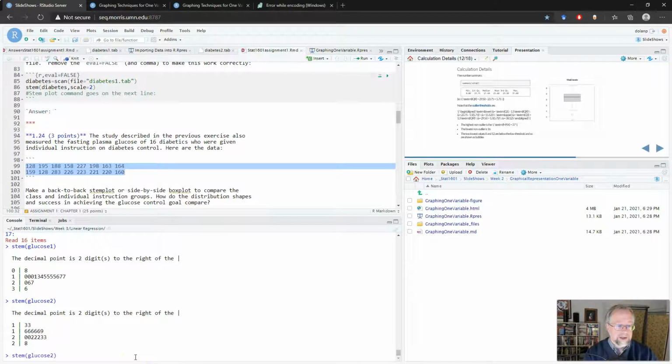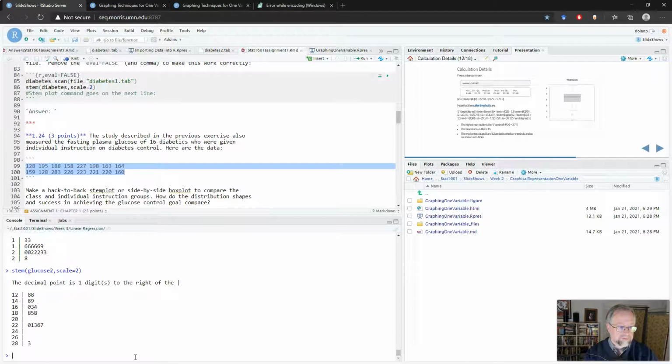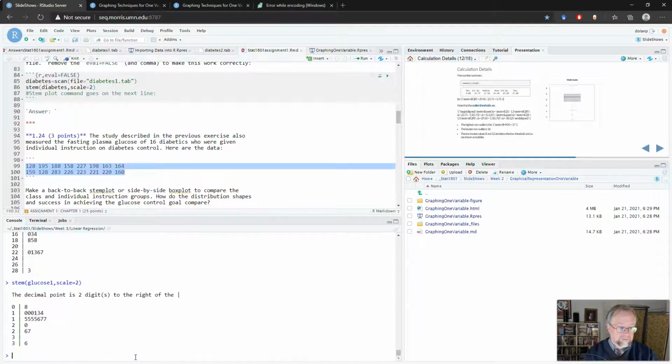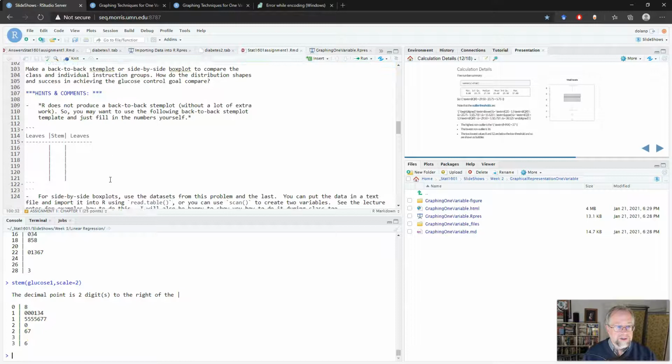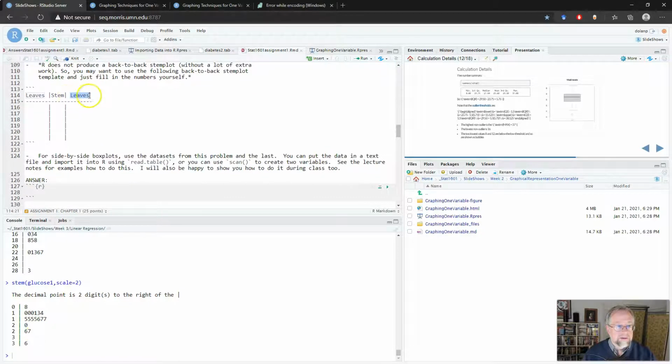Now it gets a little bit tricky if I try to split it here. So I don't think I'm going to do that command on glucose2. But it works fine on glucose1. So if I were entering these in, so maybe, let's see, that was glucose1, right? That was the class. And these were the individual.